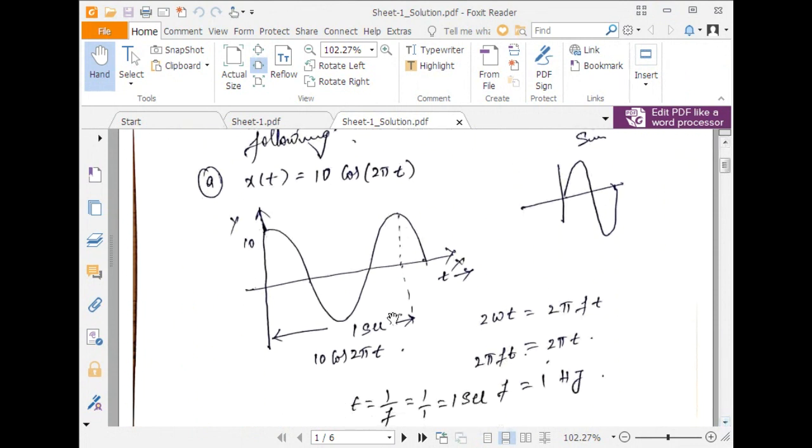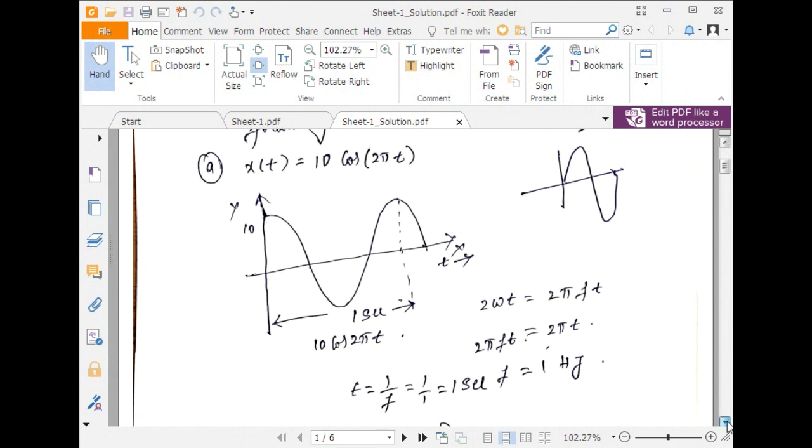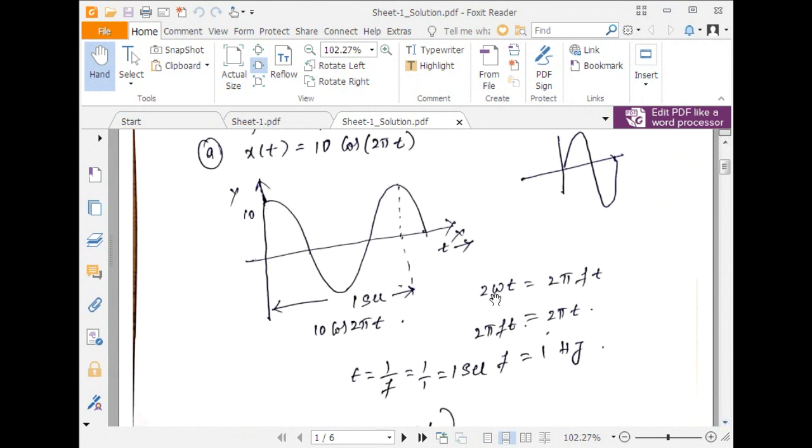And how to get the time? By using this formula, 2 pi ft. How do you represent 2 pi? Omega equals 2 pi f. But how do you represent it on the graph? Here 2 pi t is given.